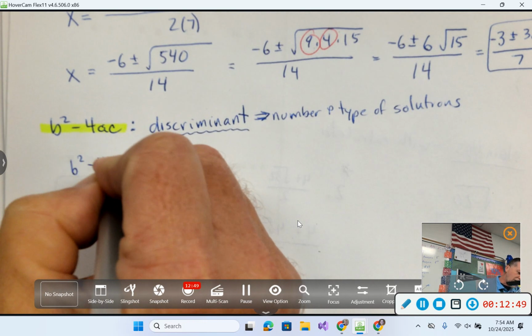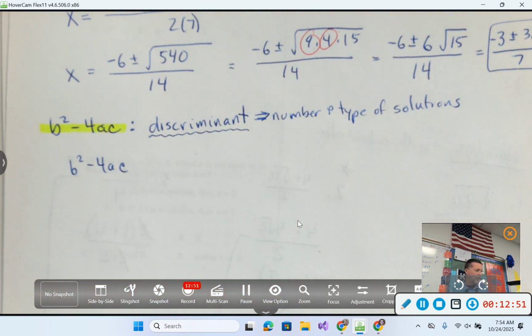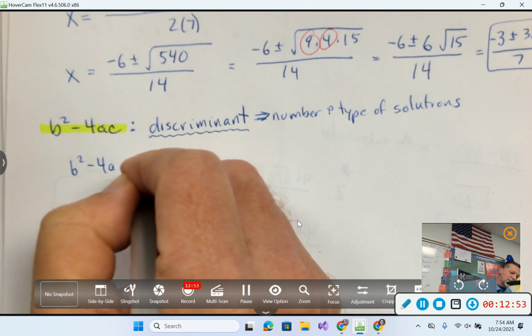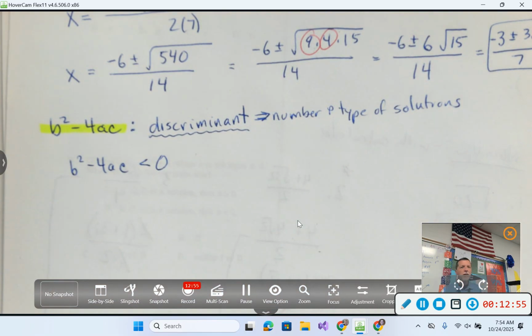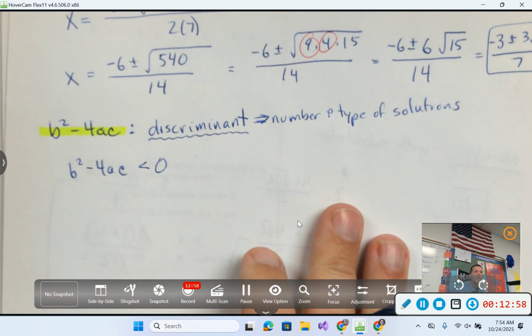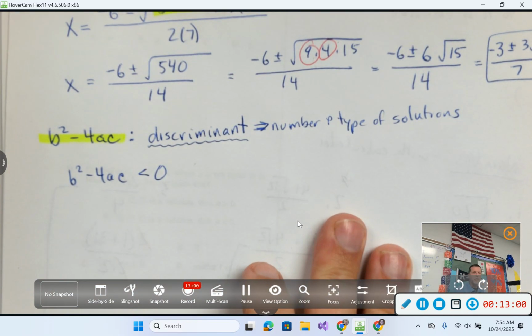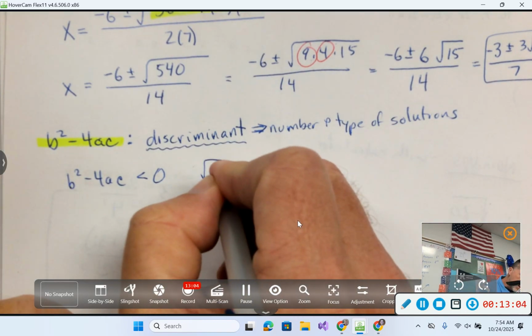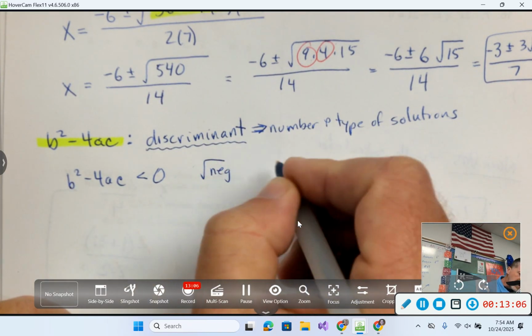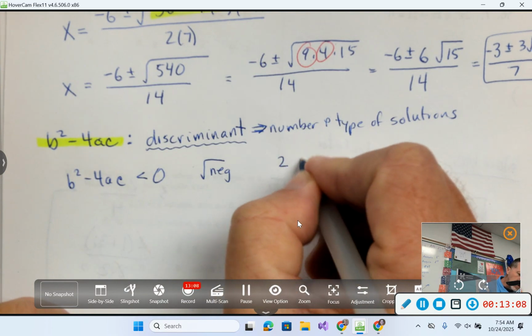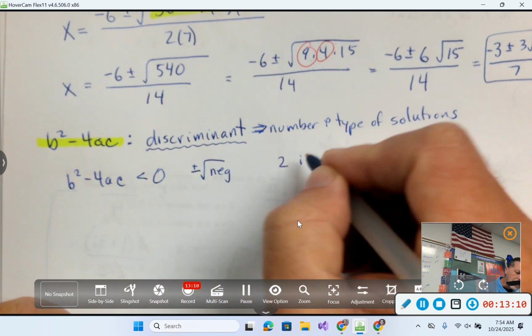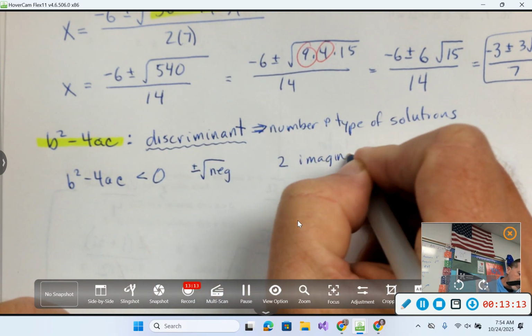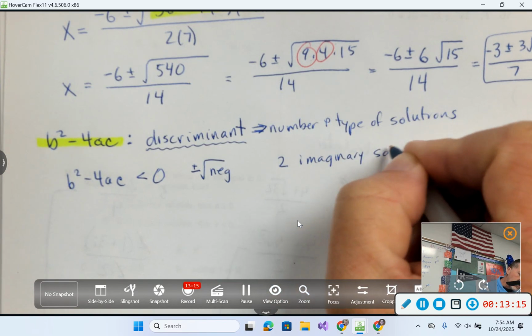We sort of said this already. If b squared minus 4ac is less than 0, imaginary, right? Because then you're taking the square root of a negative number, which means you'll have, actually we could put the plus or minus on there, 2 imaginary solutions.